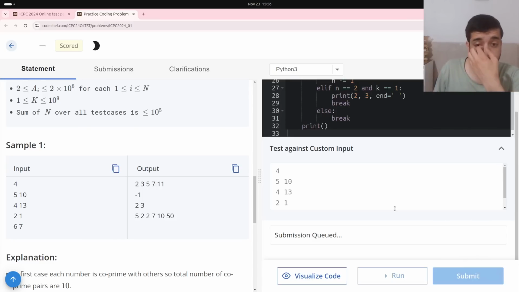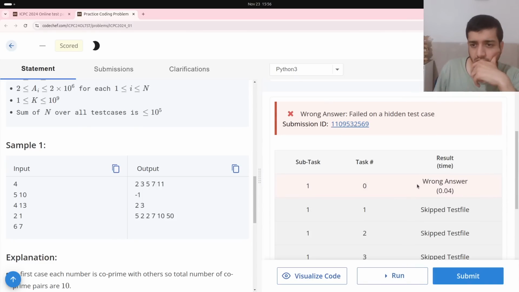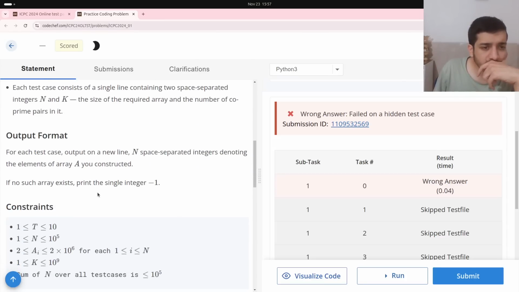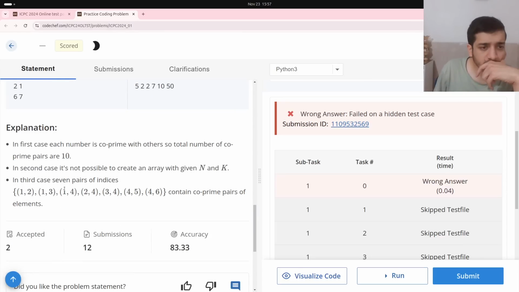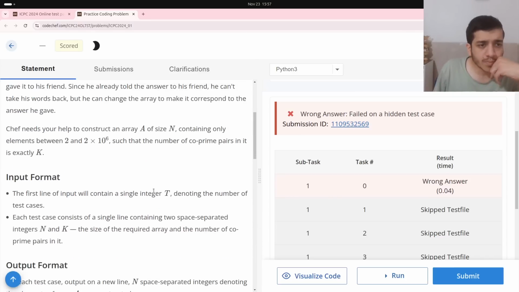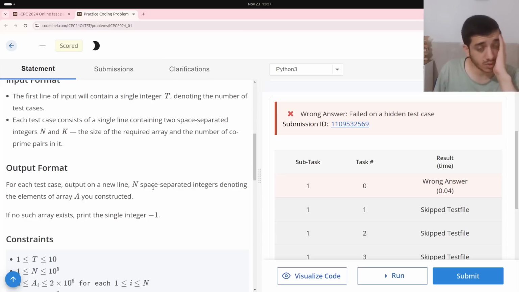This says wrong answer for the first test case. Okay, I think same goes here.